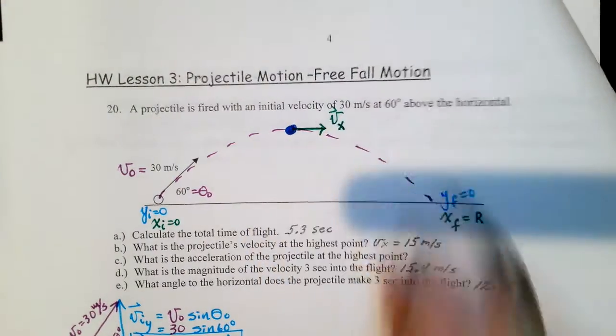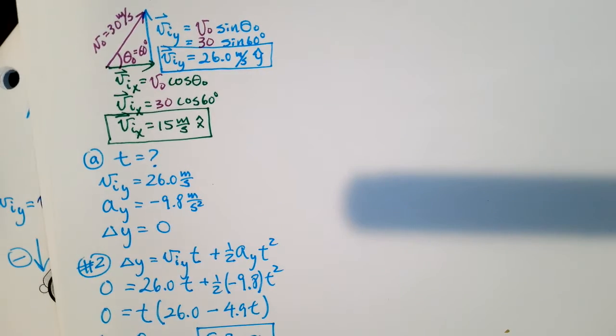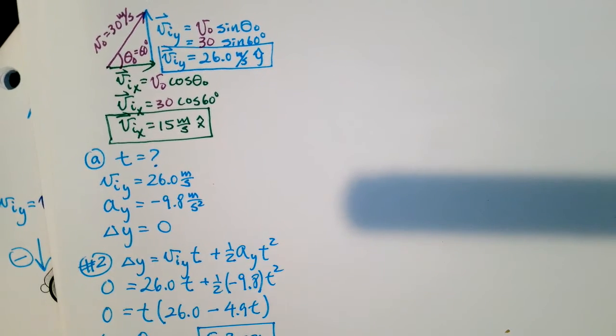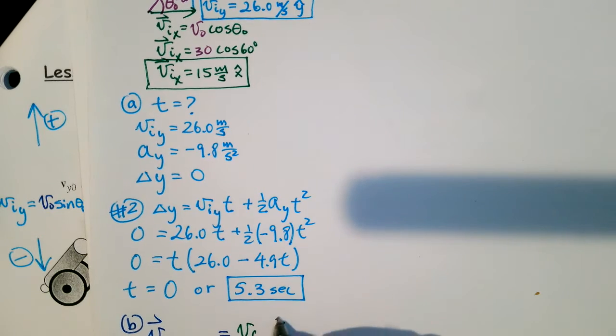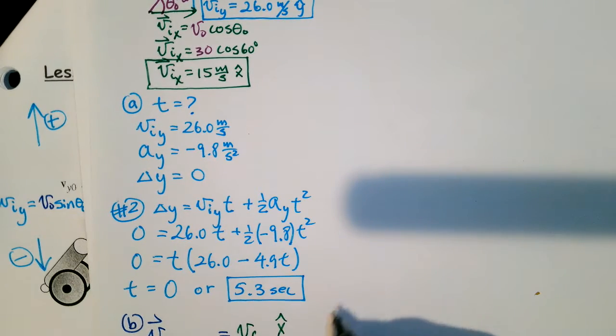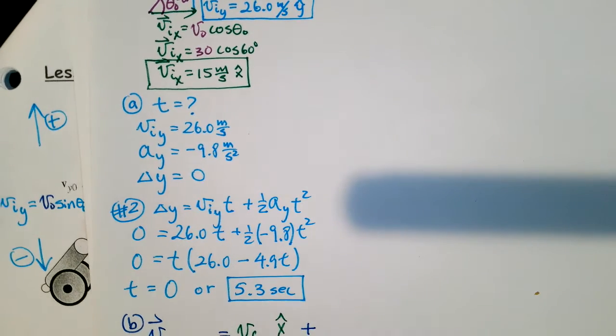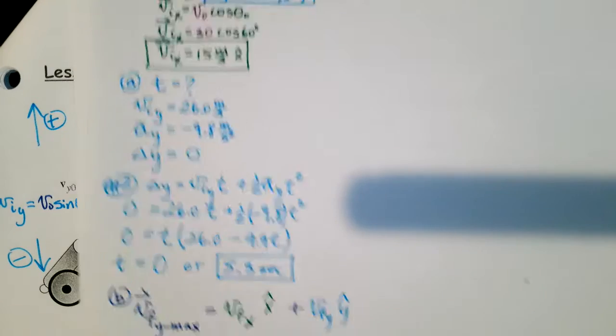The velocity at the highest point, Vf at y max, is simply Vfx x hat plus Vfy y hat.